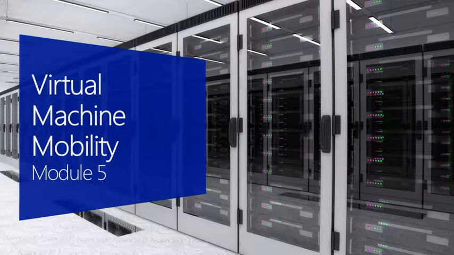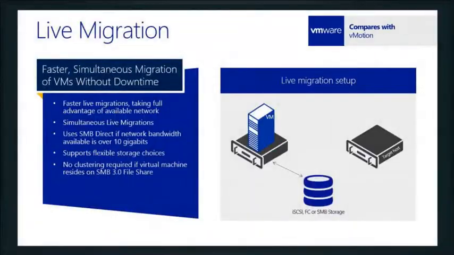All right, so in a little bit we're going to go through a demo of how things work with live migrations, but you have to think back to the days when you wanted to be able to move workloads around, and you either used clustering or you could do VMware vMotion.